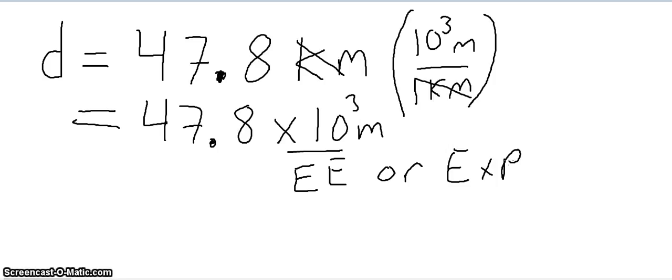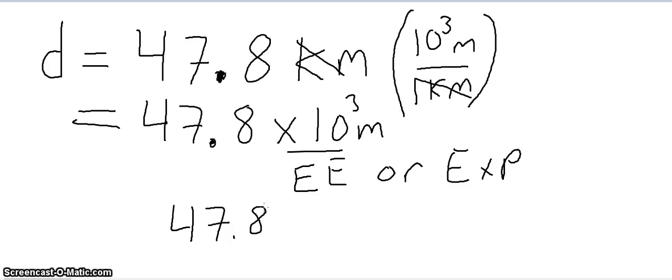So literally, here's how I would do it on my Texas Instruments. It would be 47.8, and then for the Texas Instruments, generally you have to hit Shift EE. Not all of them use Shift, so you should mark down and figure out how to do this on your calculator.